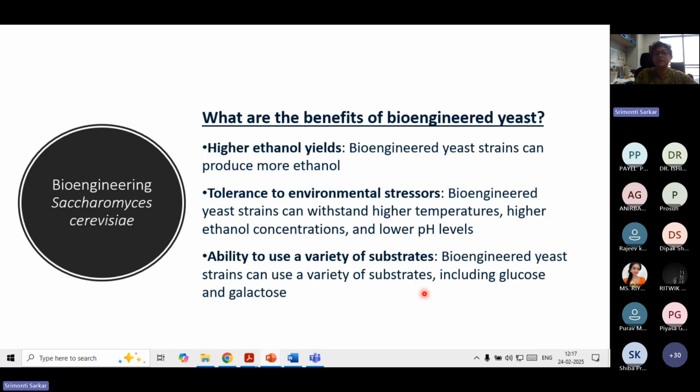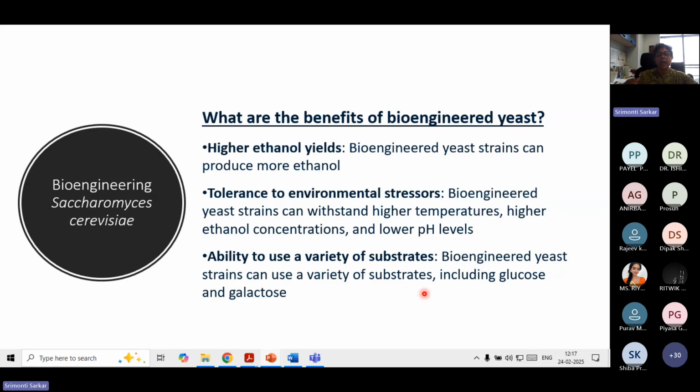So yeast that can withstand higher temperatures should be able to keep producing ethanol for a longer period of time. And ethanol also causes lowering of cellular pH. How? I will come to my next slide. The ability of yeast to withstand low pH in the cytoplasm helps yeast survive longer.